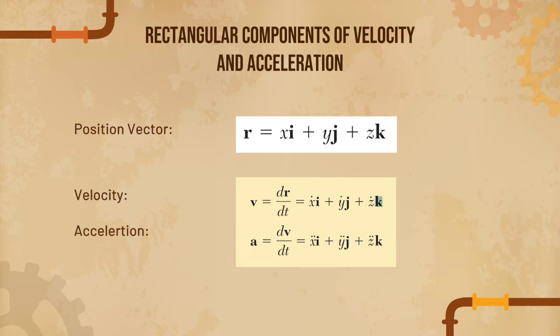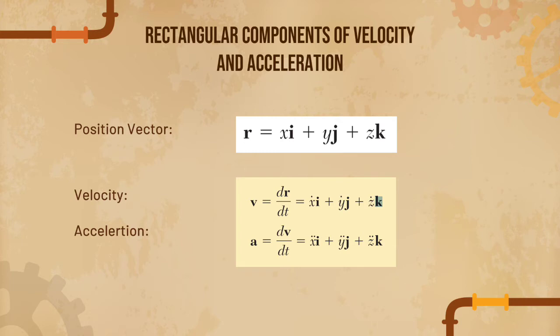Rectangular components of velocity and acceleration. When the position of a particle is defined at any instant by its rectangular coordinates x, y, and z, it is convenient to resolve the velocity and acceleration of the particle into rectangular components. Resolving the position vector into rectangular components, we have the equation r equals x i plus y j plus z k, where the coordinates x, y, z are functions of t.